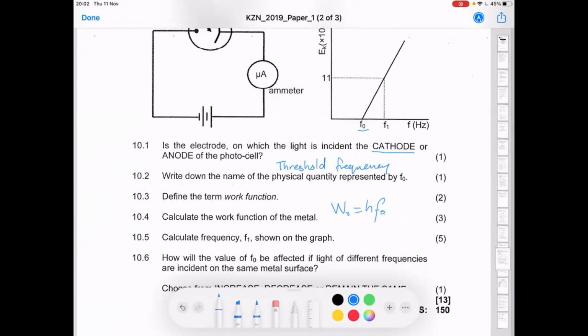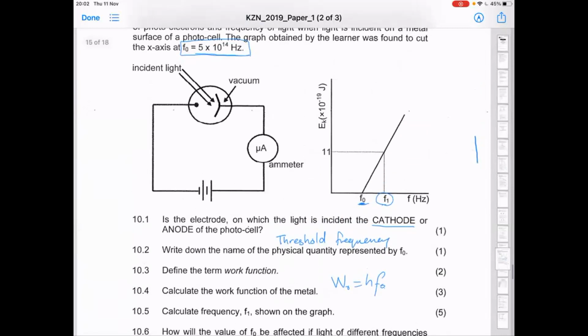And then the next one says calculate the frequency f1 shown on the graph. We've got the threshold frequency, and now they want us to calculate f1. What they've given us in this graph is the kinetic energy.